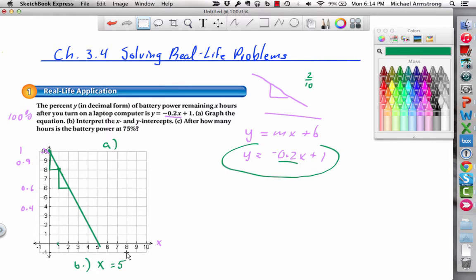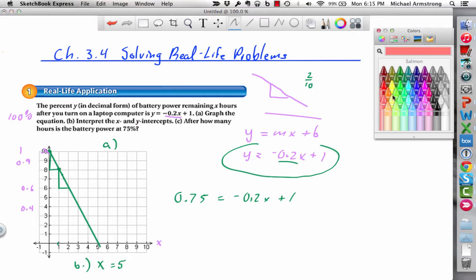So what are we going to do? Well, we have to do the same thing for letter C that we've done for letter B with the y-intercept, except that there we set it equal to 0 because that's when x is 0. But here we want to know when y is 75%, not when y is 0. So we're going to put in 0.75, that's the y, is equal to 0.2x plus 1.